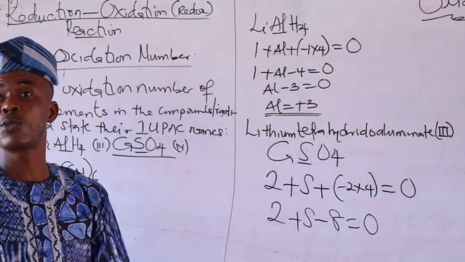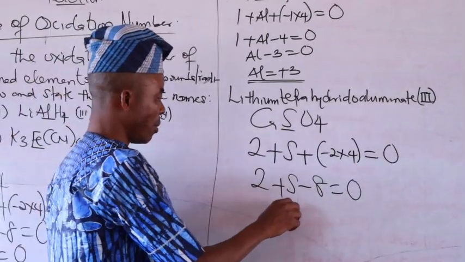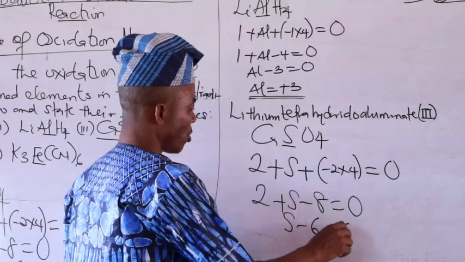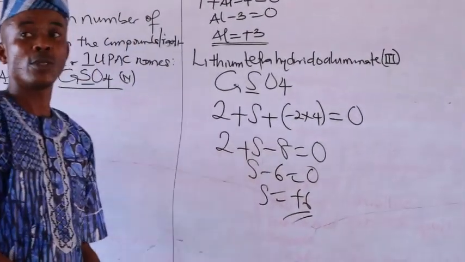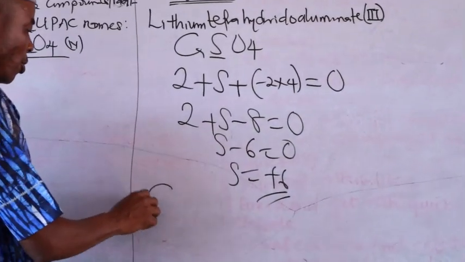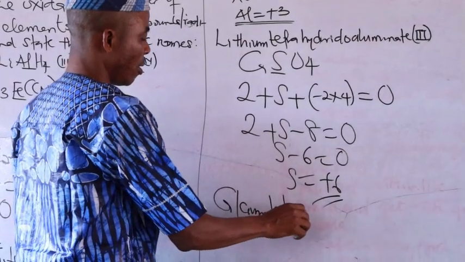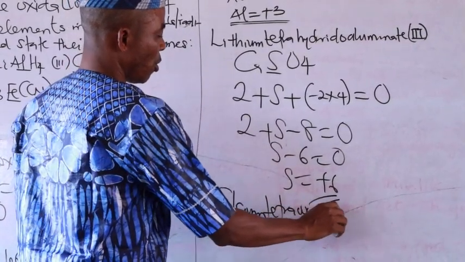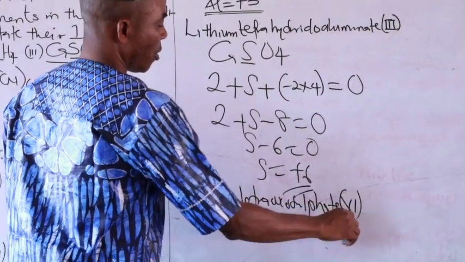Now what is 2 minus 8? So that is X minus 6 equals 0. Then X is equal to 6. So the name is calcium tetraoxosulfate 6.